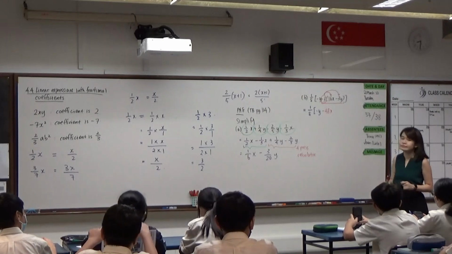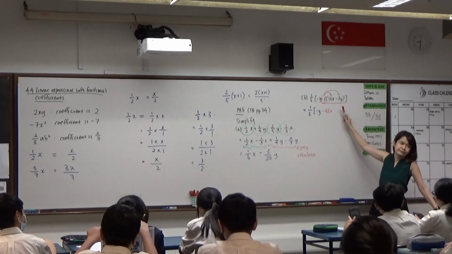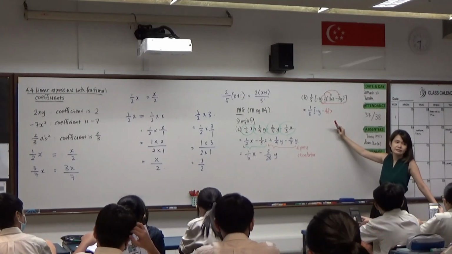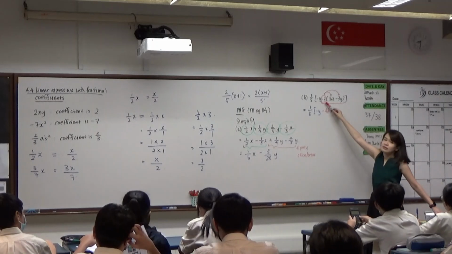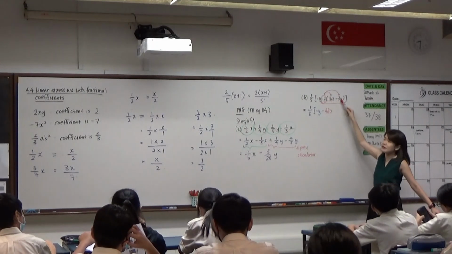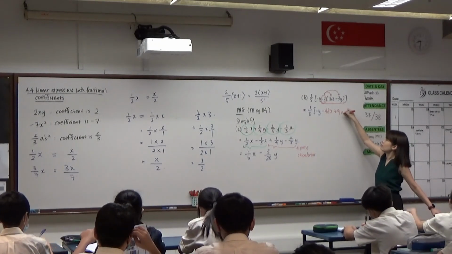Can you press it? We are taking negative 3 times negative 3y. It is positive 9, right? Negative 3 times negative 3, negative and negative gives us positive, and 3 times 3 gives us 9y.